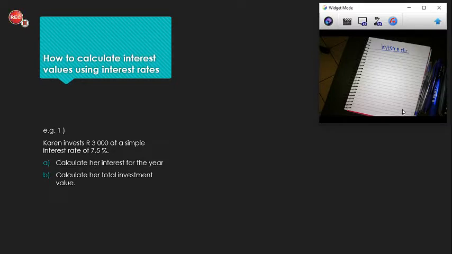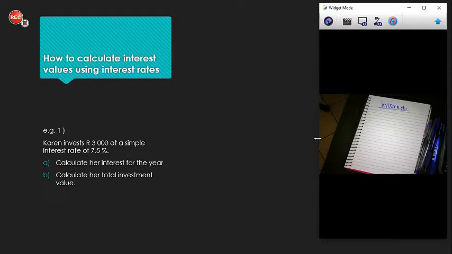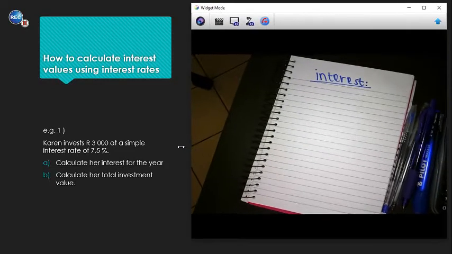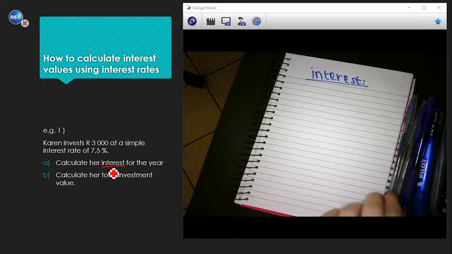The first type of calculation we need to be able to do says how to calculate interest values using interest rates. So in this case, it's telling you that Karen is going to invest 3,000 Rand at a simple interest rate of 7.5%. Calculate her interest for the year. Now remember that interest has to be an amount.